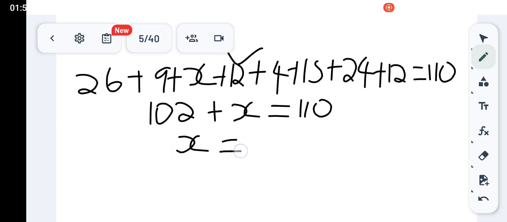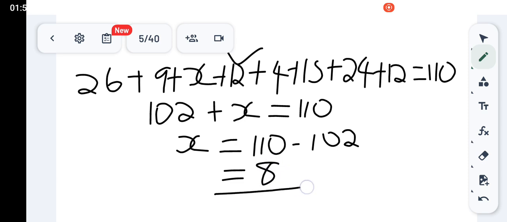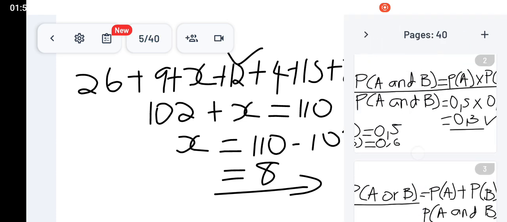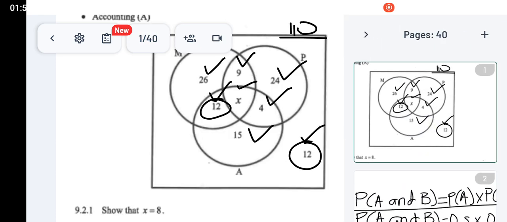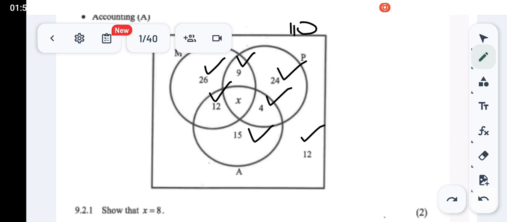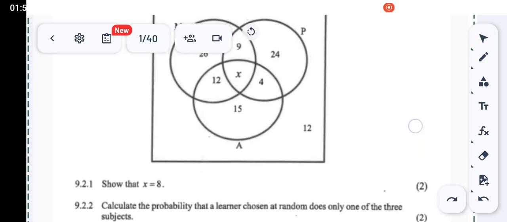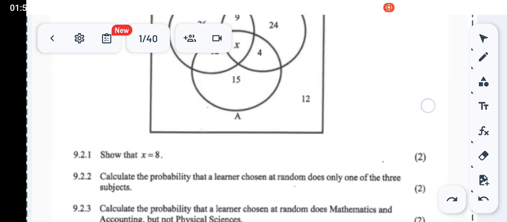Then transpose: 110 minus 102 is equal to 8. Therefore we have proved that x, which is the number of learners that are doing maths, physics and accounting, is equal to 8.